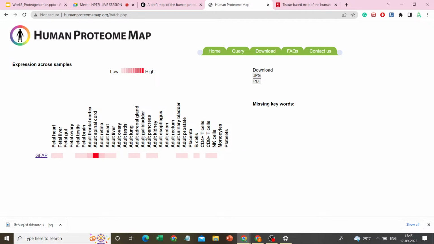You can see that it is not so highly expressed. But if you find in your kidney data that the GFAP protein or gene is highly expressed, then you will definitely go and search for why it is highly expressed and what the reason for that is. So this helps in understanding it.